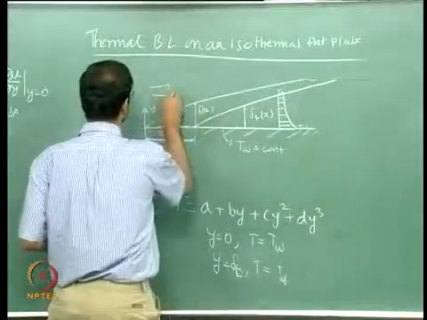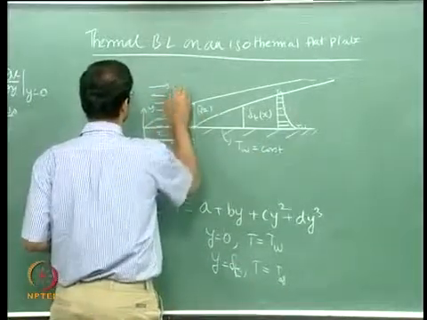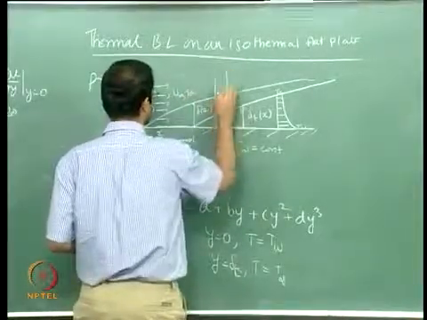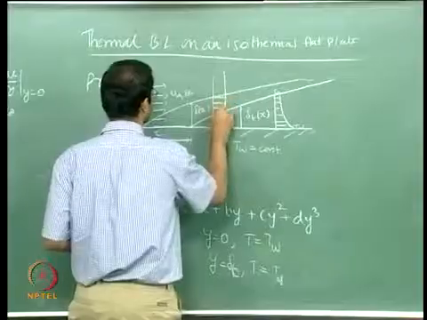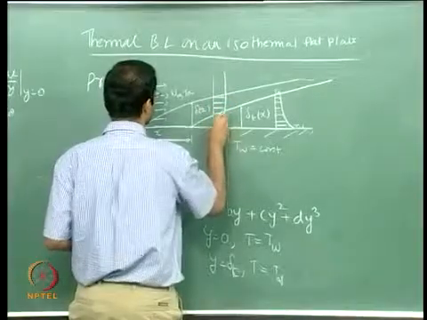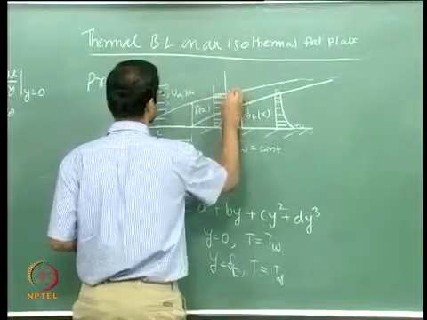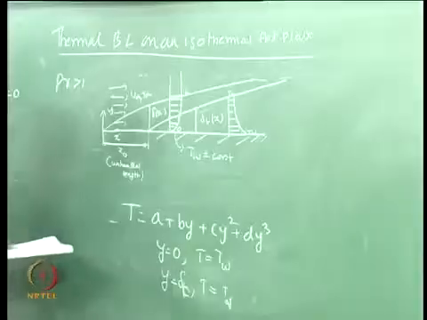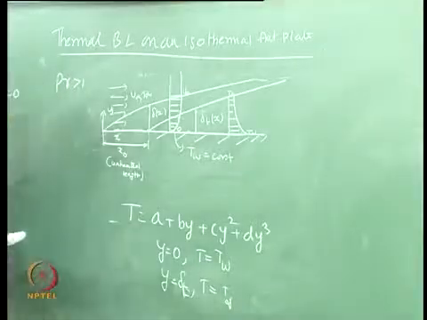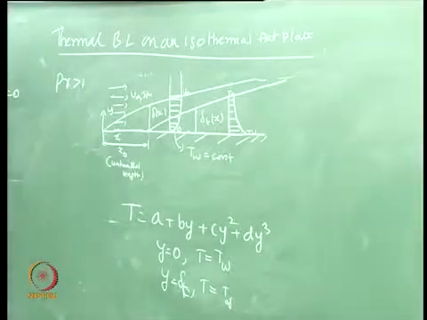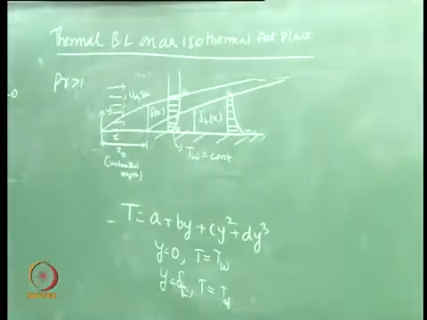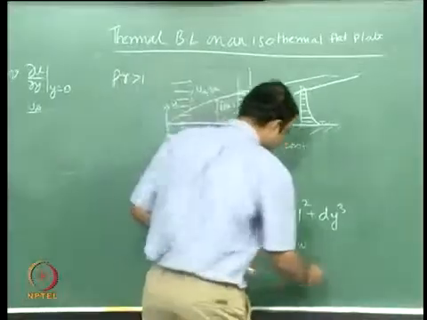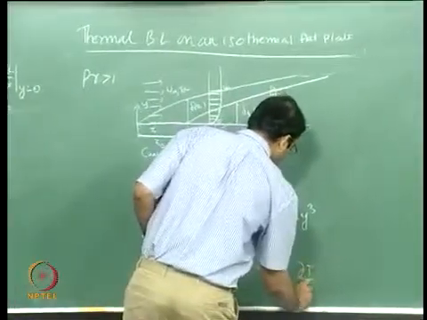Similarly, U infinity, T infinity, the same way with the velocity boundary layer also. So this is your U infinity, this is 0. So we need two more boundary conditions. At y equal to delta t, del T by del y equal to 0.